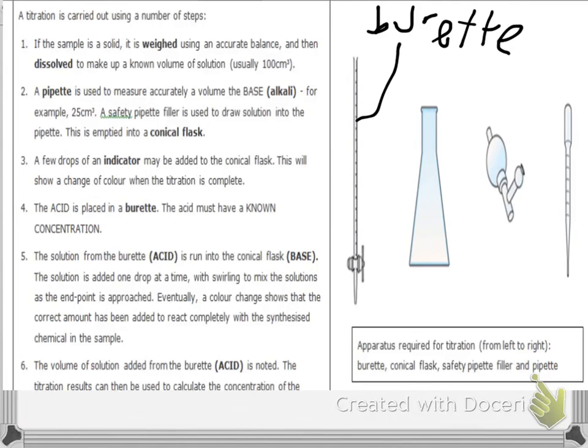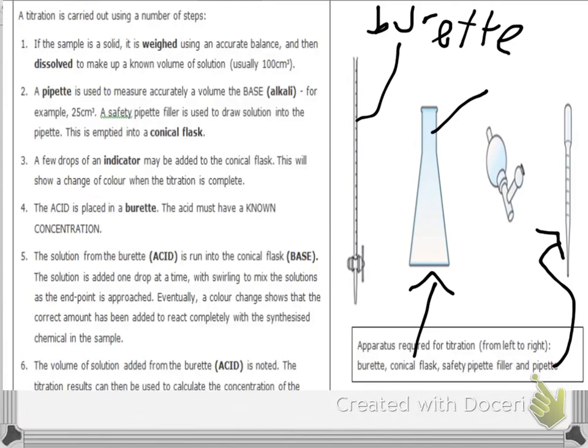Okay, so we would have our alkali in the conical flask. So this is our conical flask. Okay, so we would have measured out a particular volume of alkali using a pipette. So this is our pipette. And we would obviously add indicators to that.